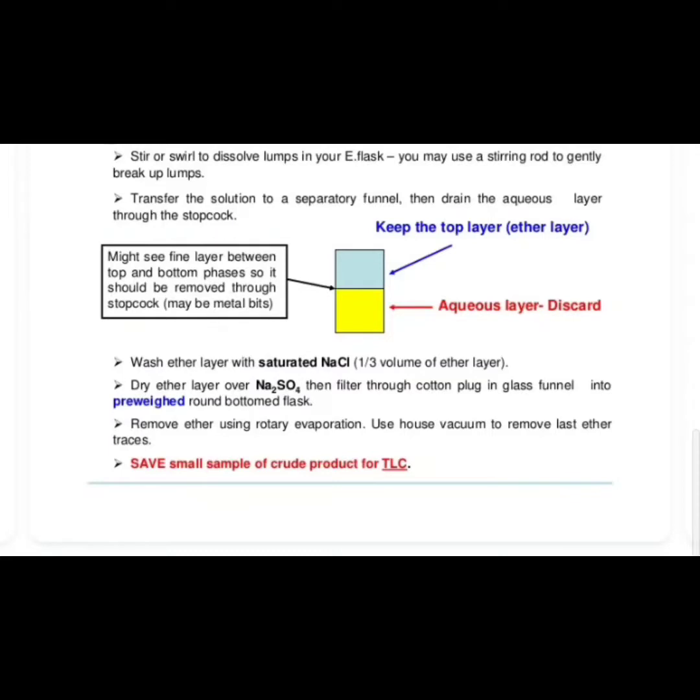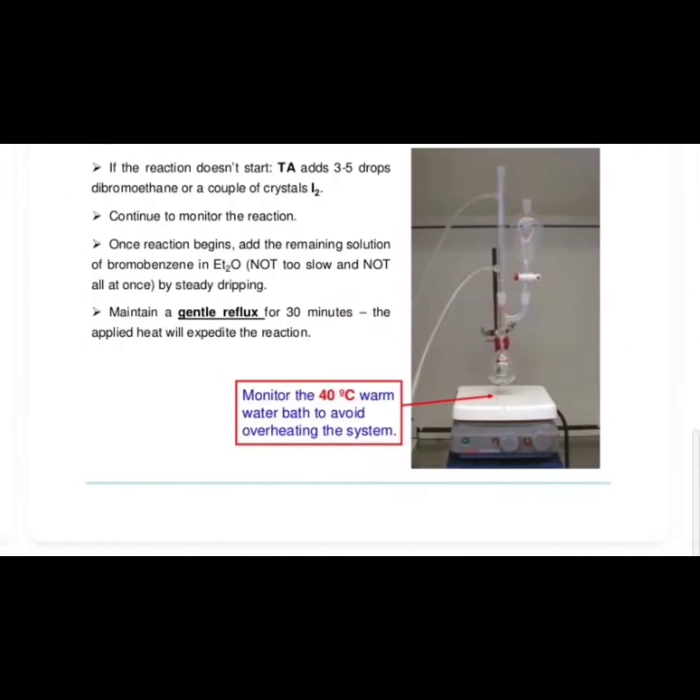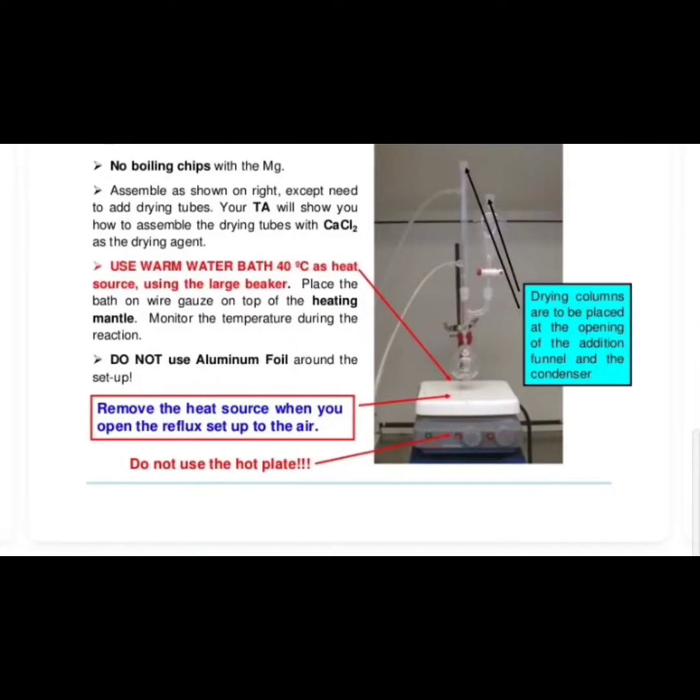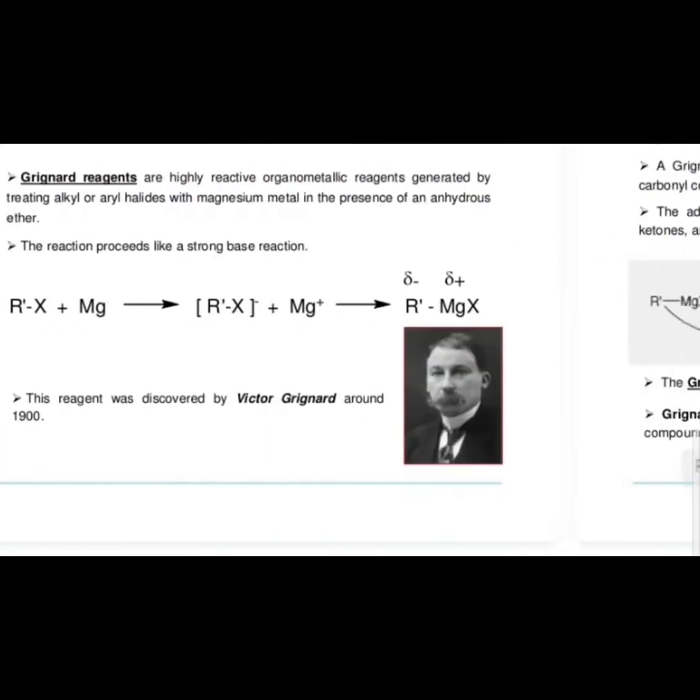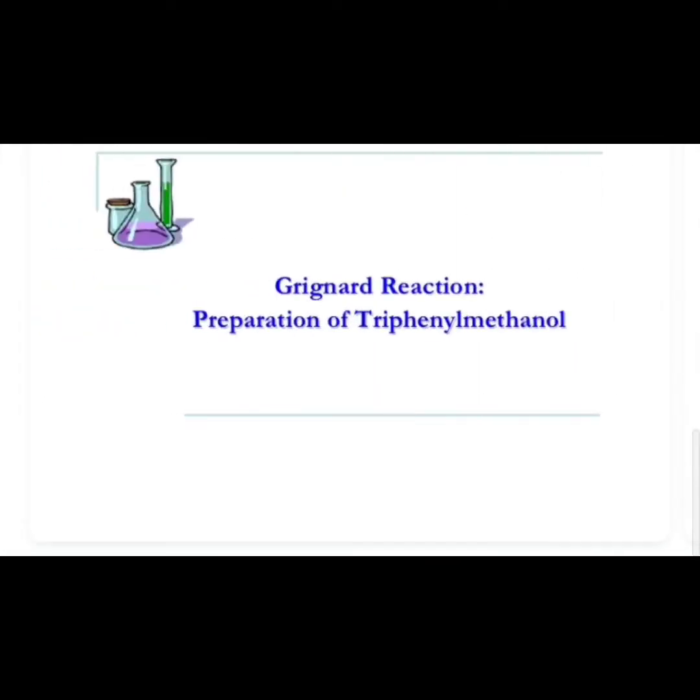After that, some water is added. The water goes to the bottom, and your product comes in the organic layer, so you can easily separate it. This is the synthesis and separation of your target product, triphenylmethanol.